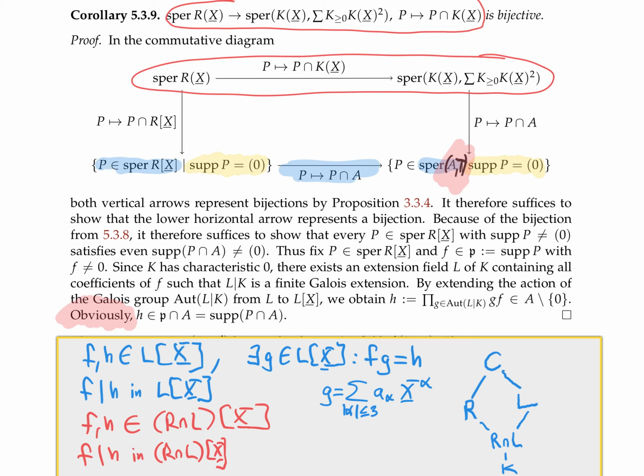The coefficients of this system are actually over R intersected L, and it's solvable in L, right?